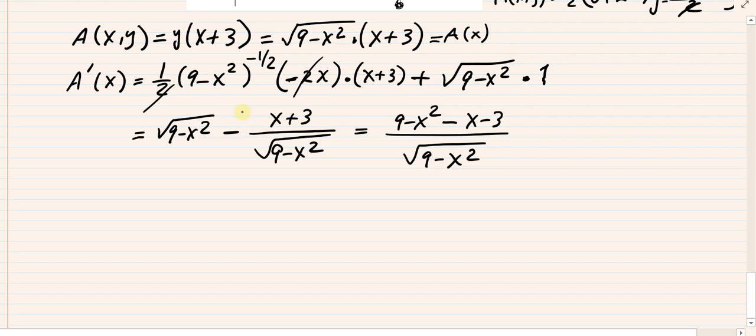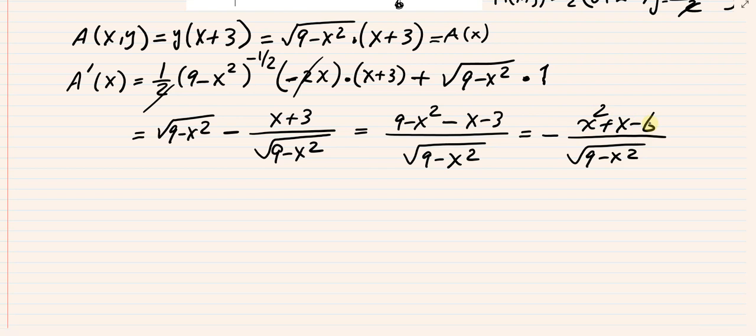Now, I can factor a negative here and combine like terms. 9 minus 3 is 6, so it's going to be x squared plus x minus 6 once I combine the numbers. And let's see, just to make sure I did this right. Okay, I see.